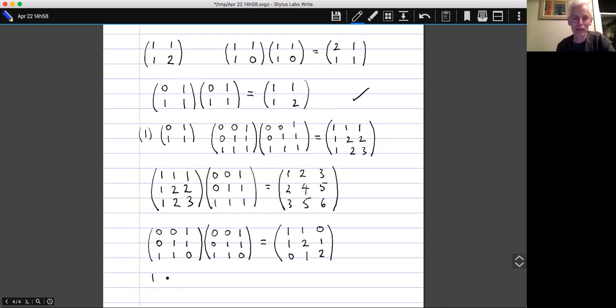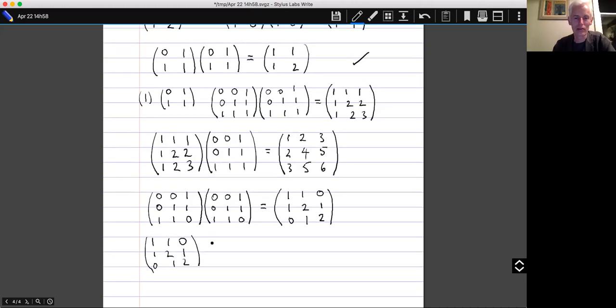Now let's multiply that one by, this is really not looking good at all, I think. So I'll multiply that. This is really not going to be nice. Multiply that by 0, 0, 1. The first row will be the first column, I mean, will be the last column.